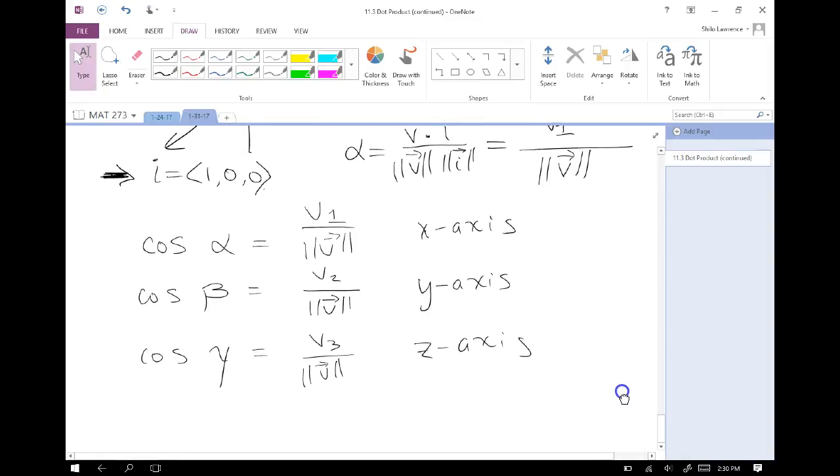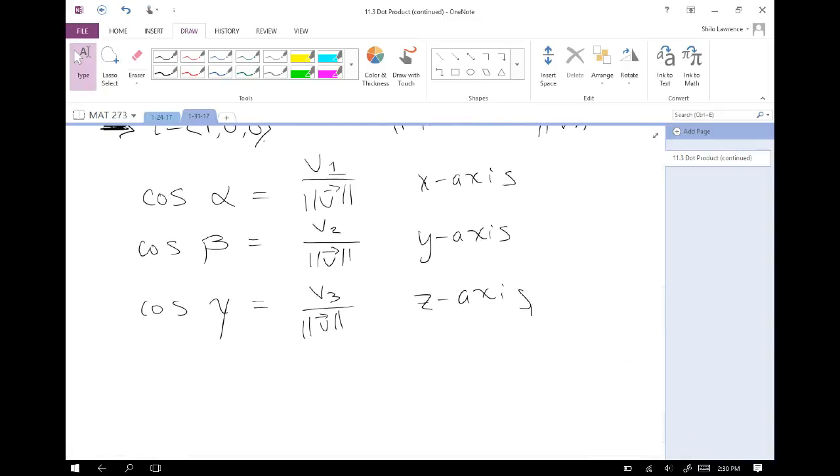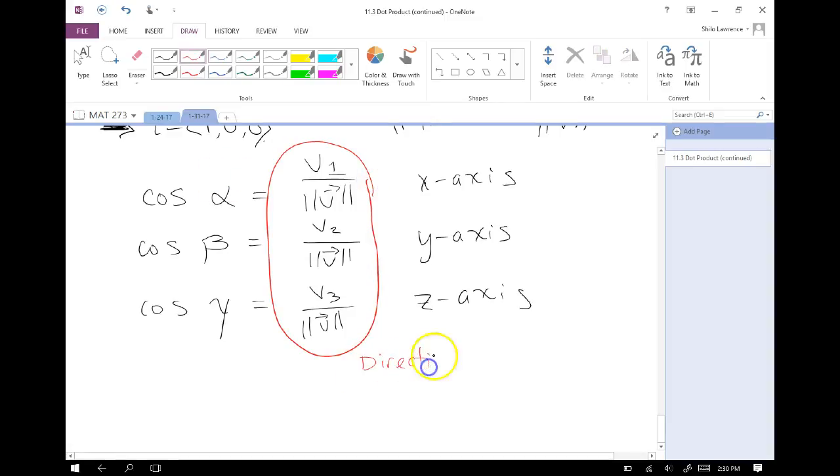So there's two different things here. There are the direction cosines. Those are just the cosine values for the angles. Those are called direction cosines, when I just want to know the cosine value of the angle. And then we also have the actual direction angles themselves, which are the alpha, beta, and gamma.